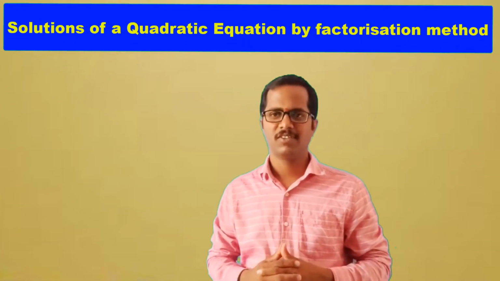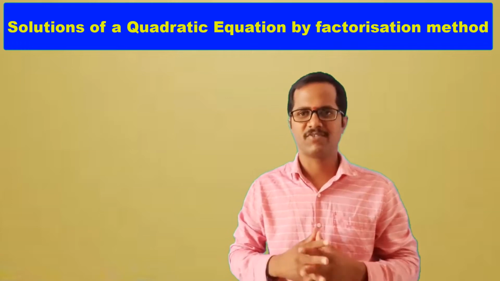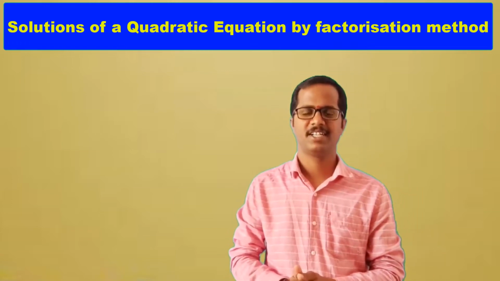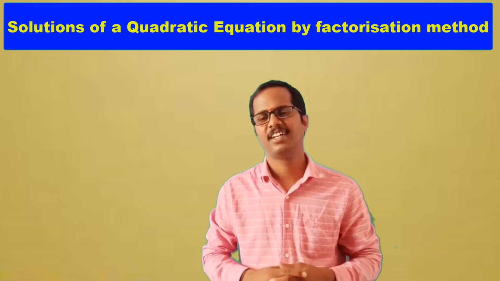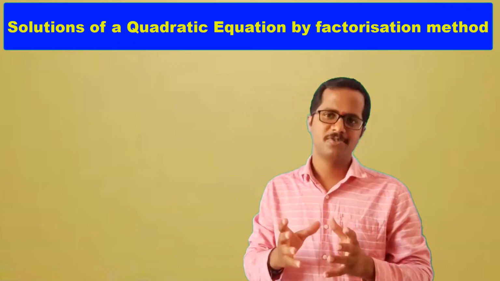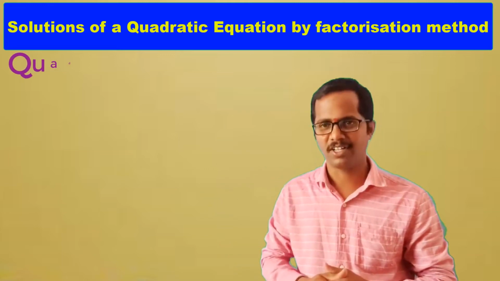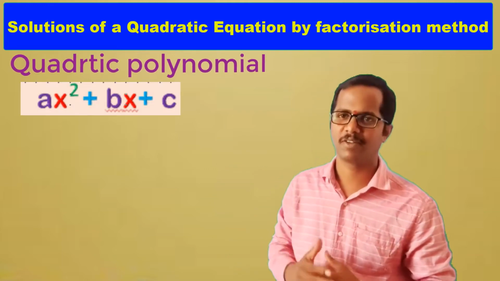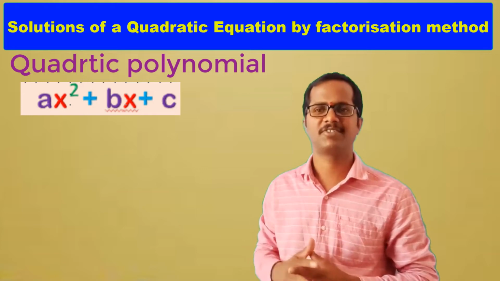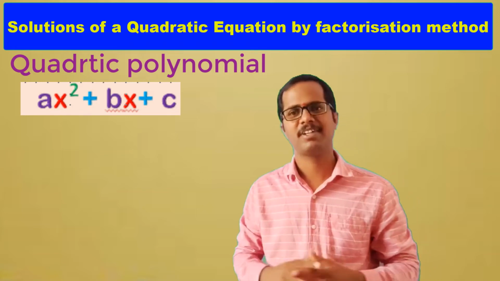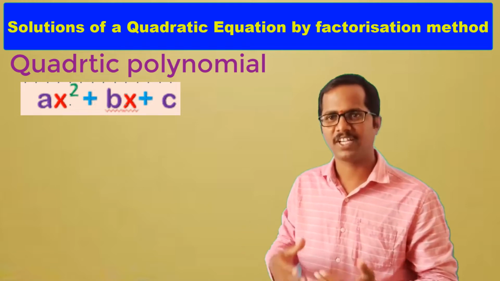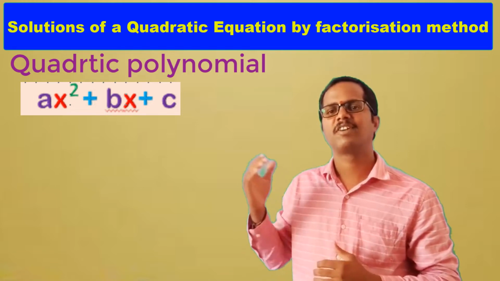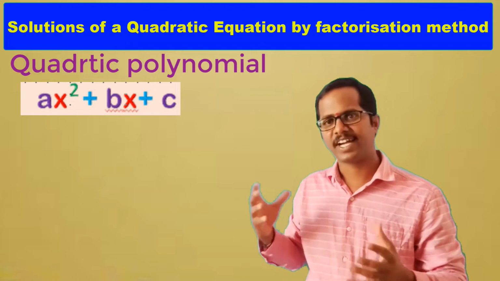Now let us understand how to find the solutions or the roots of a quadratic equation by the factorization method. We all know very well how to find the zeros of a quadratic polynomial of the form ax square plus bx plus c, where a is not equal to 0. Do you remember? Just recall once, how did we get the zeros of a quadratic polynomial ax square plus bx plus c using the factorization method?